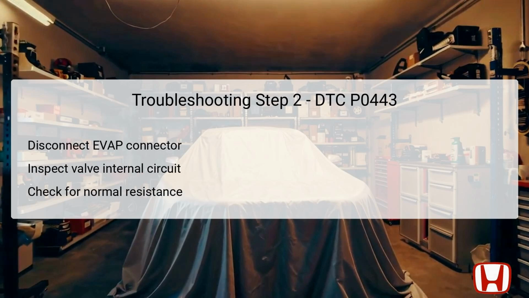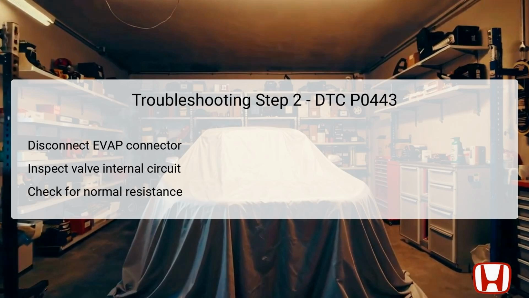The second step in troubleshooting DTC P0443 involves disconnecting the Evap Canister Purge valve connector, specifically the 2-pin connector 2P. Once disconnected, you must carry out an internal circuit inspection of the valve. Under normal conditions, the resistance across the valve terminals should measure between 23 to 26 ohms at room temperature.